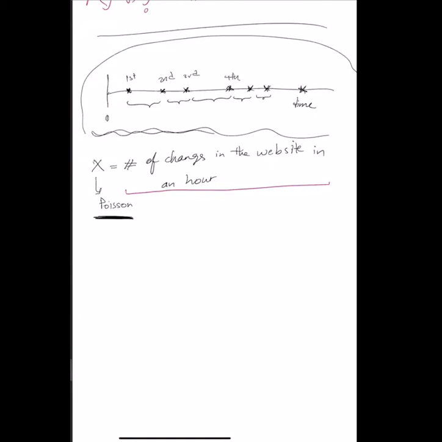That's correct. So if I'm looking at number of changes in a website, and I call that a variable, then I'm going to report an average number of changes in a website. Let's assume that's 10.